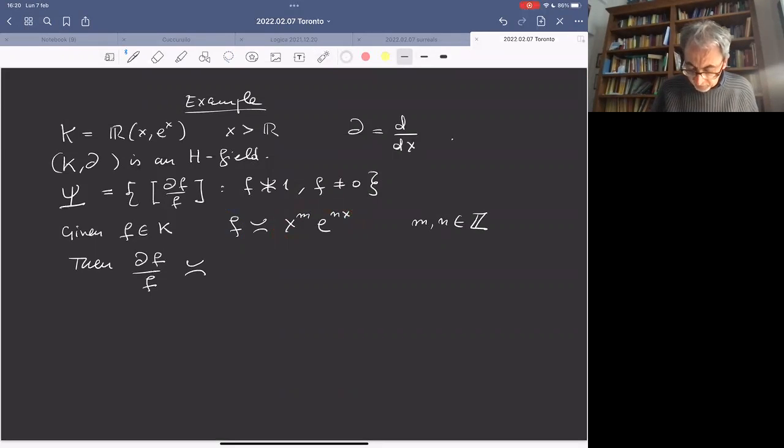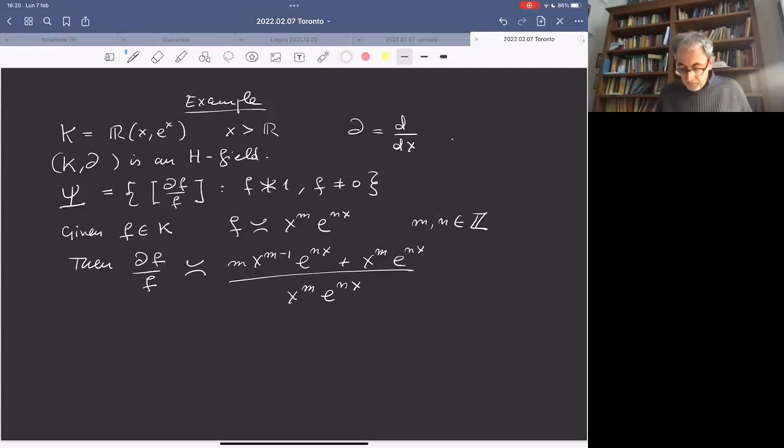So what is the logarithmic derivative? It's the derivative of x^m e^(nx), which is m x^(m-1) e^(nx) plus n x^m e^(nx), divided by x^m e^(nx). I just took the derivative of this guy and divided by itself. So this is equal to m/x plus n.